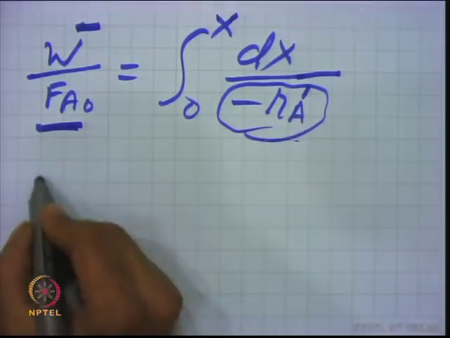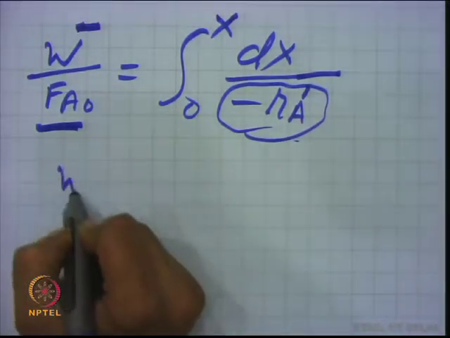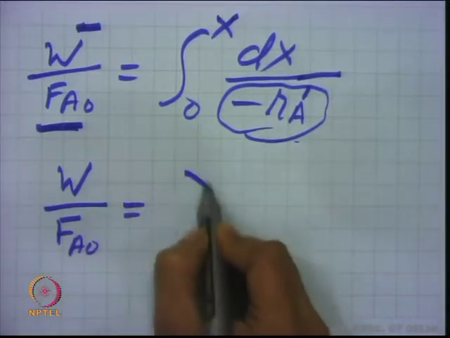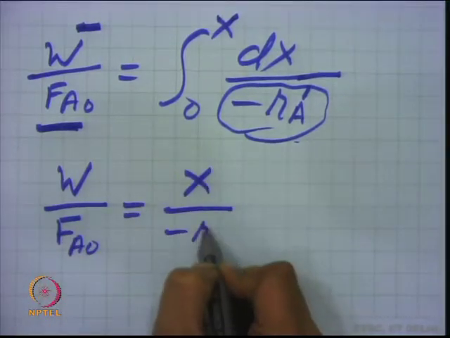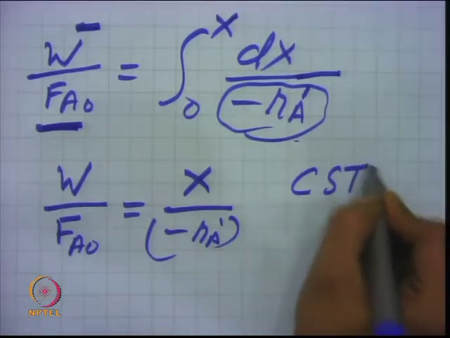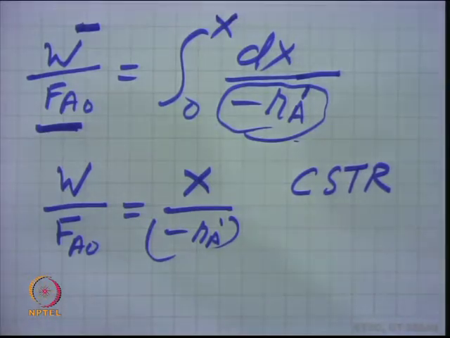If it is a CSTR or tank type reactor, then one writes simply W by F A naught is equal to X A upon minus r A dash. So, one can very easily find it. This is for a CSTR or tank type. Even for a bubble column or a fluidized bed reactor, under the simplest condition one can assume it like a CSTR.